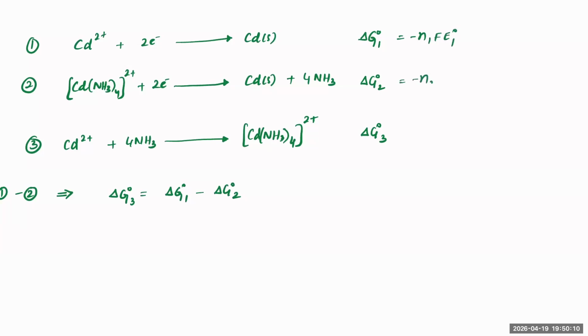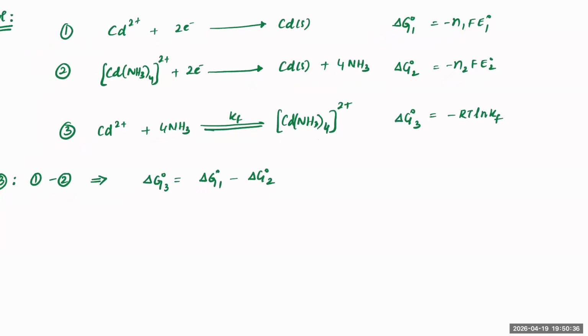Here it will be minus N2 F E naught 2, while here it will be minus RT ln K formation constant, because it is about formation here. You can always keep this as the formation like this.